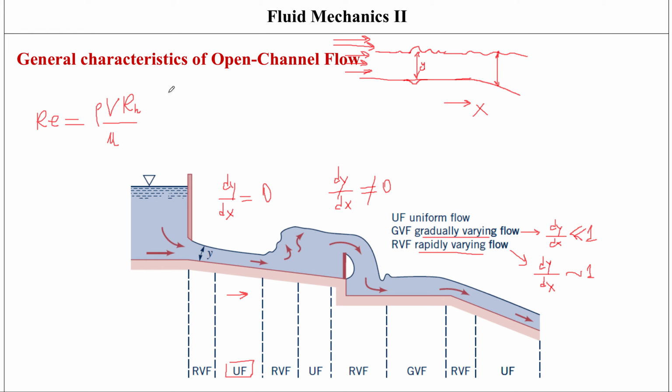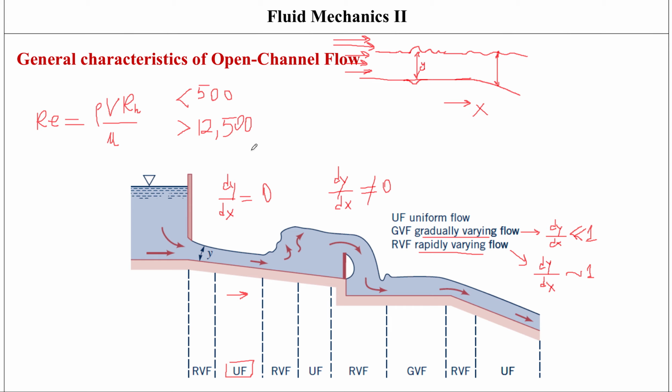If the Reynolds number is less than 500 for an open channel flow, then you've got laminar flow. If the Reynolds number is greater than 12,500, then you've got turbulent open channel flow.